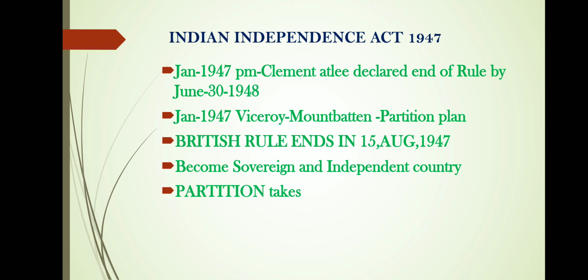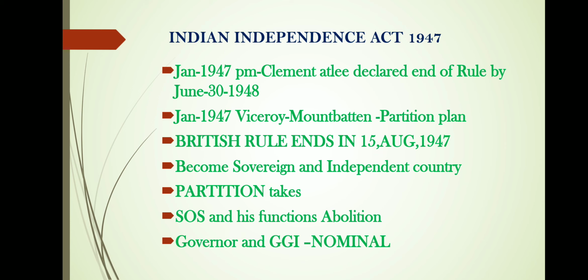Partition took place, and Pakistan and India were divided by the Mountbatten partition plan. The Secretary of State and his office were abolished, and the Governor General of India became nominal, in place of the president.